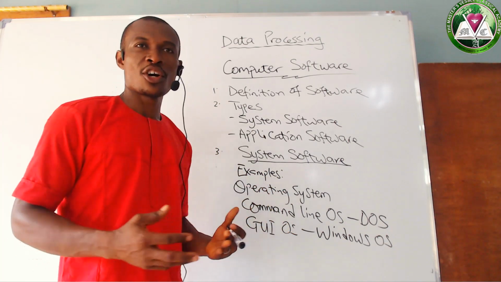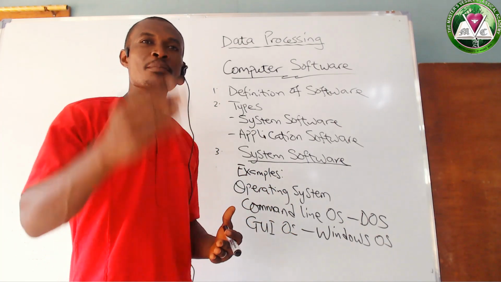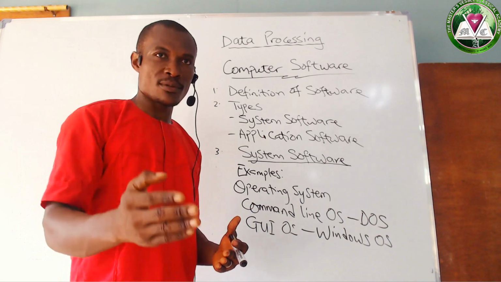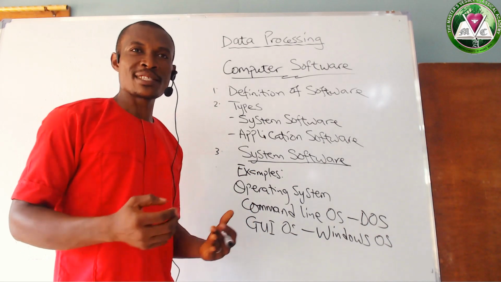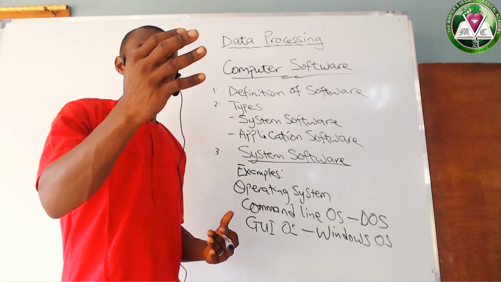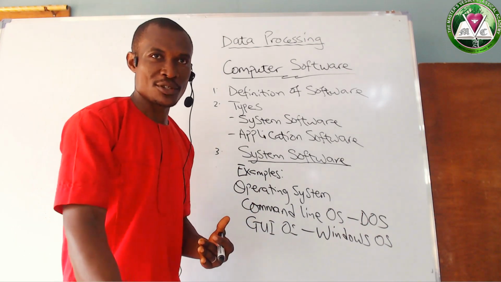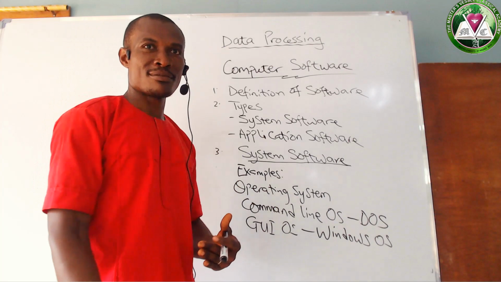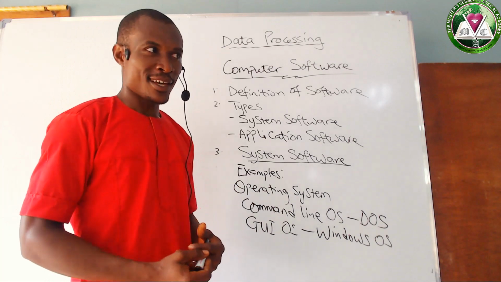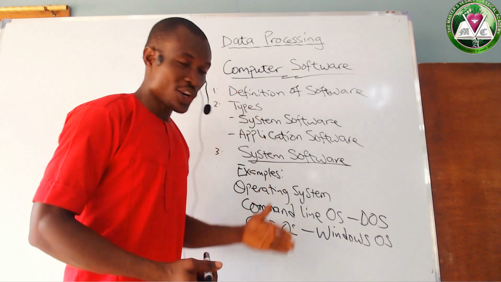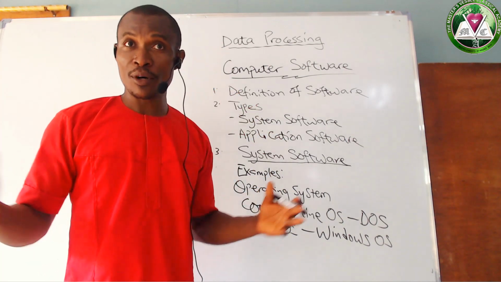Another feature of the GUI is the presence of drop-down menus. When you click on an item, in some of the items, you discover that there are lists of options, the drop-down menu, where the user will have to select from. Another feature is the presence of dialog boxes.